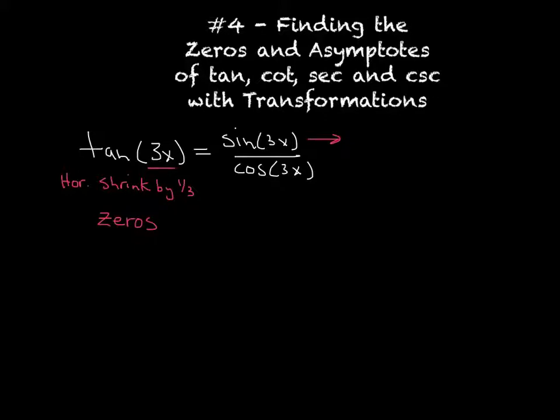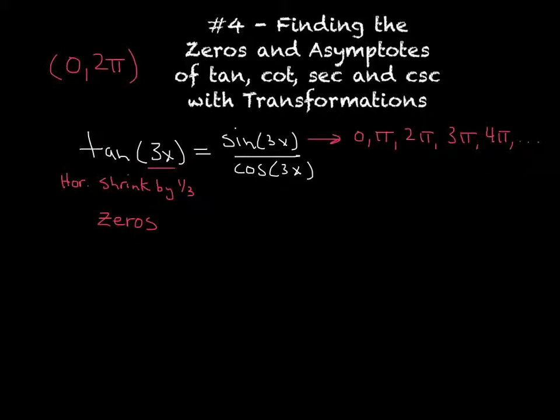The normal zeros of the sine function are 0, pi, 2 pi, 3 pi, 4 pi, and let me actually add something to this problem. Find all the zeros and all the asymptotes in the window of 0 to 2 pi. So we'll find all the places where the tangent of 3x crosses from 0 to 2 pi, or where it's undefined.